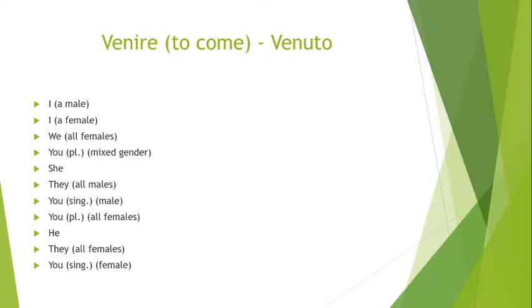Okay, so the first one, I, being a male, sono venuto. I came. Next one, I, if I'm a female, sono venuta. The O becomes A, right? To make it feminine, singular. We, if it's a group of all females, siamo venute.